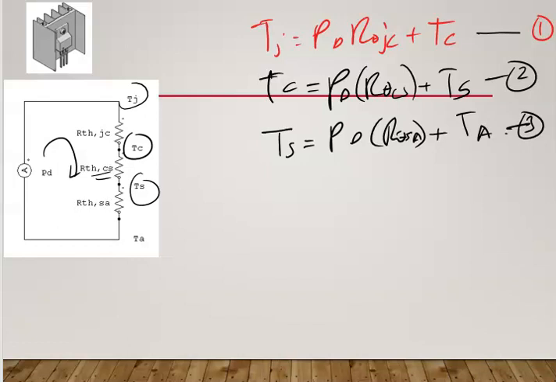Then to conclude the overall circuit, what you have to do is put 3 into 2, then 2 into 1.